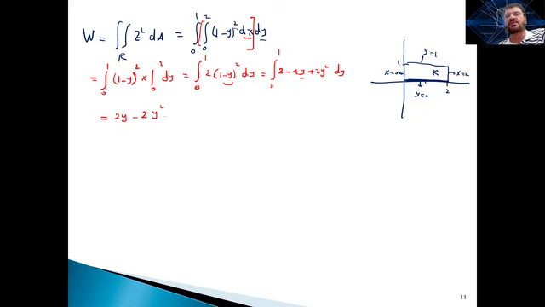The integration of this one is 2y cubed over 3, and this is from 0 to 1. What do we put? Put the 1 first, you get 2 minus 2 plus 2/3. If you put the 0, you're going to get zeros, so this cancels that, and the answer is 2/3. This is the work done.